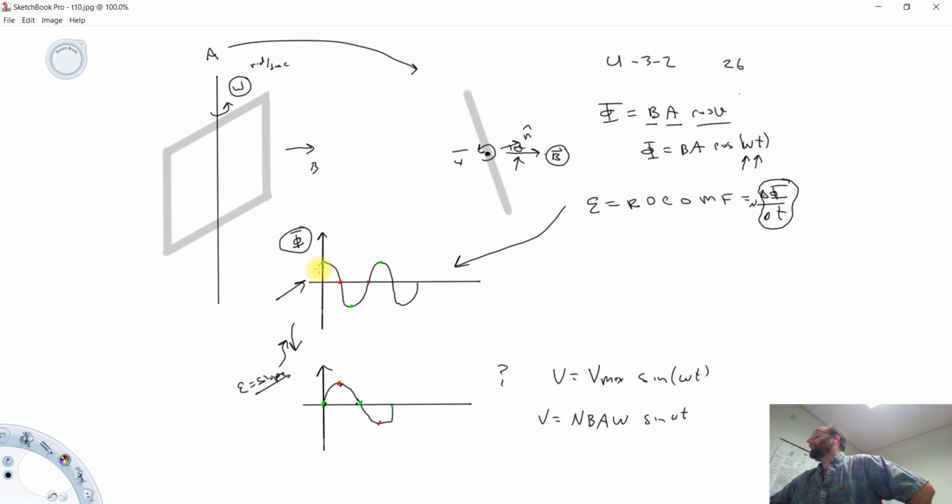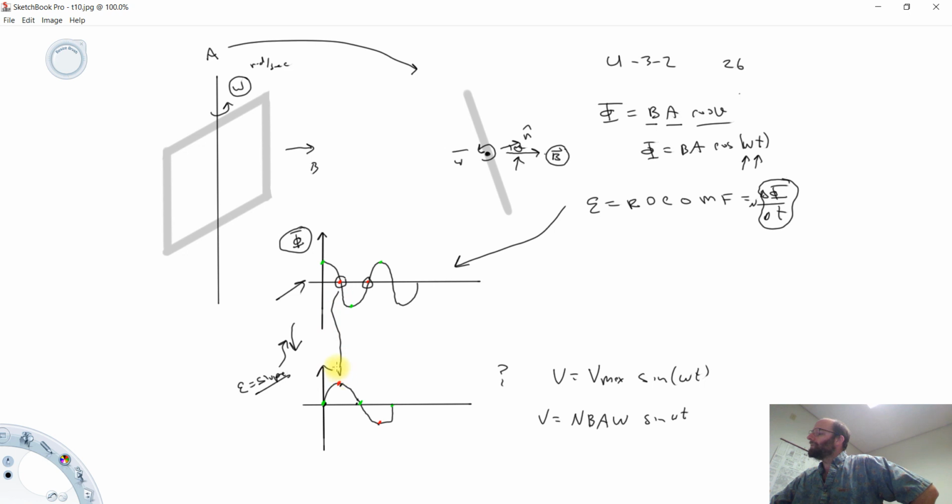Now, I did this kind of to point this out here. In green, these are where the fluxes are a maximum, but the slopes would be 0. That's why this graph, I put it in green here. Here, that corresponds to that point, and this one corresponds to that point. And in red, that's where the slope is the steepest, there and there.